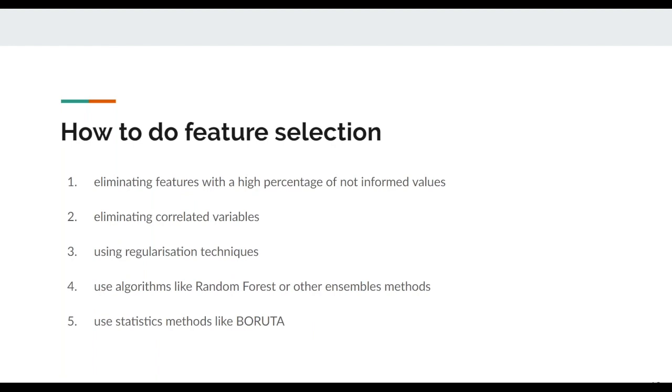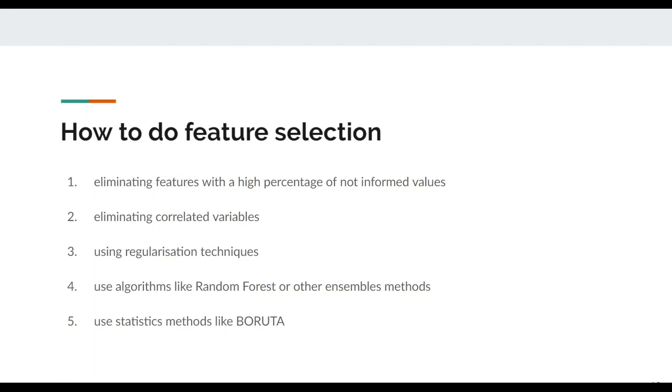So putting this all together, how to actually do feature selection. These are some of the processes that take place, and you might recognize some of them. So first of all, eliminate features where you have a high percentage of not really useful values. An easy example is missing values or values that you know are noisy or that you know are really not something that you want to bring into your model.